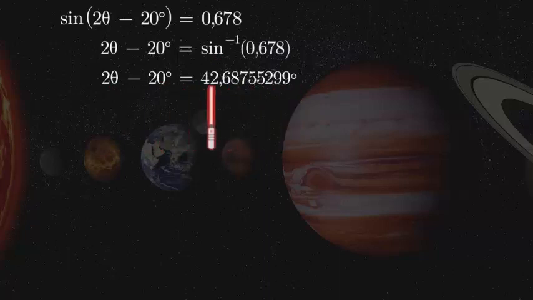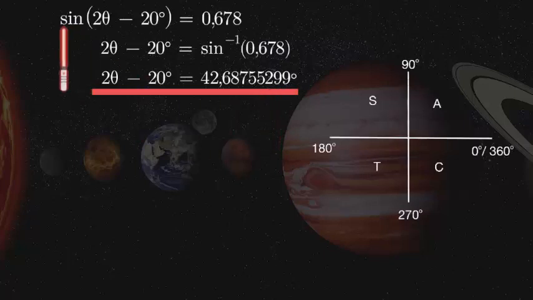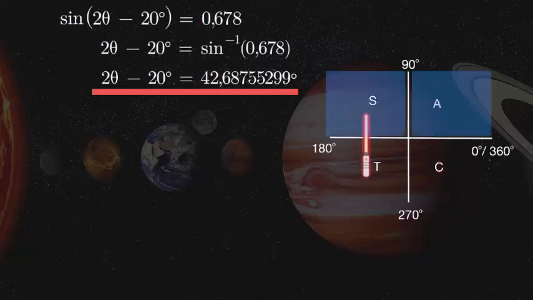Now it's very important to understand that this original angle has to be equal to this reference angle for this to be true. So this is our reference angle, and I'm going to underline it, and after I do that I'm going to figure out in which two quadrants we are working. The sine of its angle has a positive ratio, so we're working in quadrant 1 and in quadrant 2.